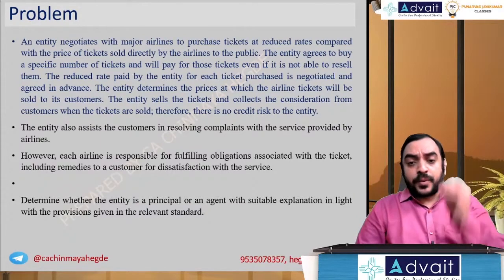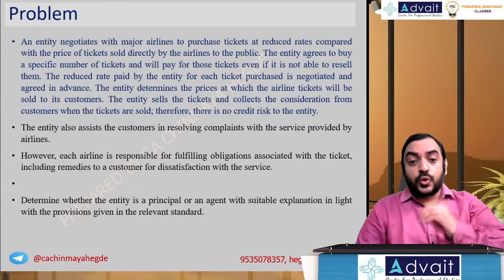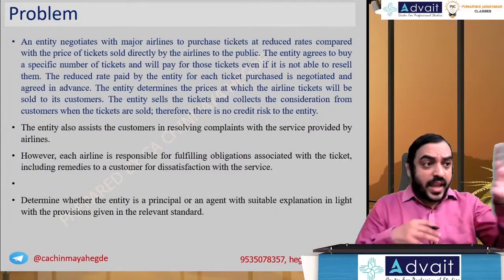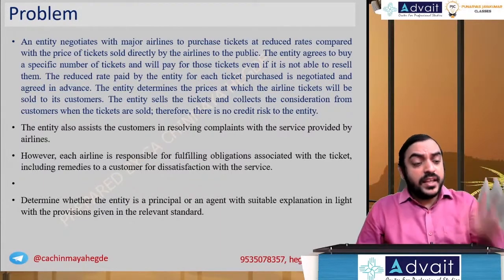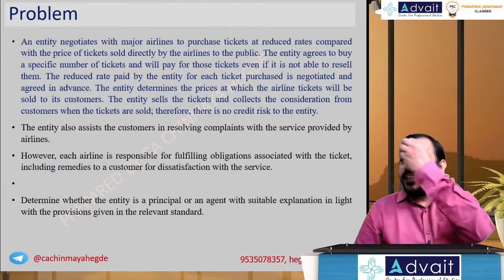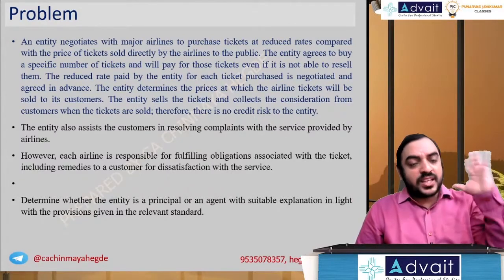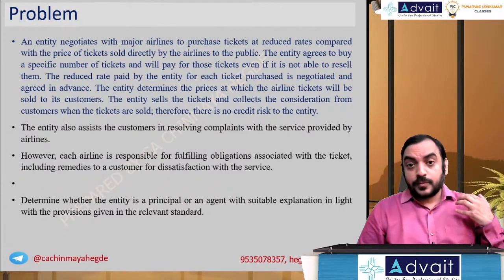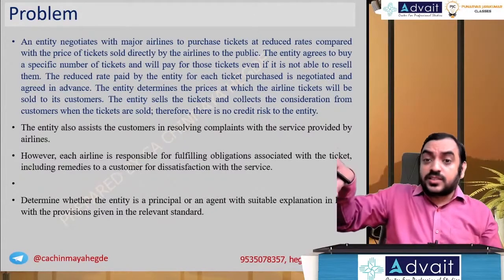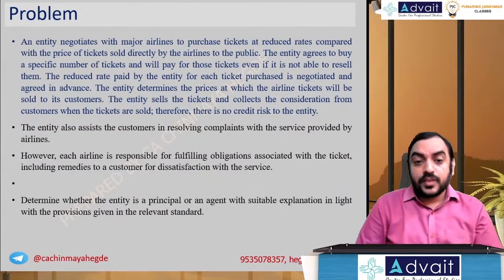Entity determines the price at which the airline ticket will be sold to the customer. So I am purchasing the airline ticket at a concessional price. I am guaranteeing this much will be sold. Even if it is not sold, I am going to pay that much amount which is decided in advance. And at what rate I have to sell it to the customers, that I will decide.